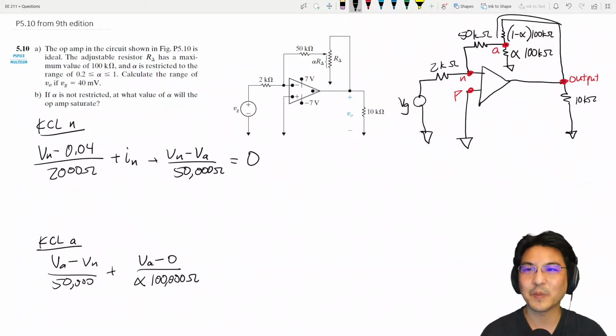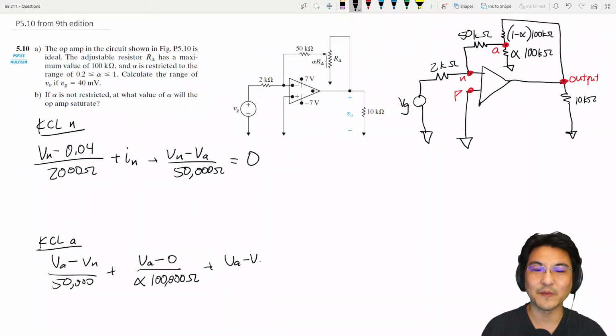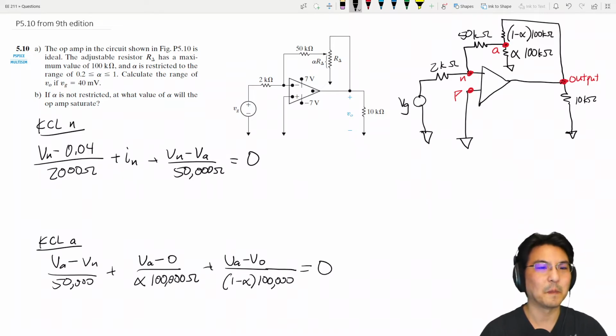And then let's go up and around this way, plus Va minus V out over 1 minus alpha times 100K. Okay, so there we go.